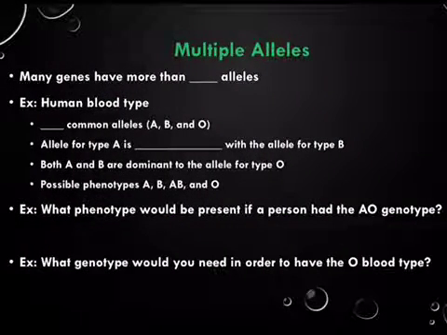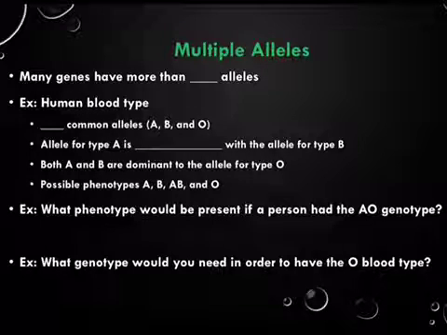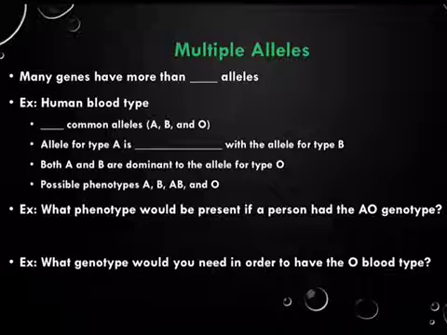The other advancement is multiple alleles. Unlike Mendel's pea plants that only had 2 alleles, many genes will actually have more than 2 alleles, and your human blood type is an example of that because it has 3 possible alleles: the A allele, the B allele, and the O allele.